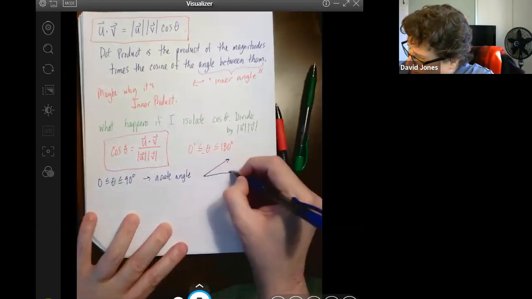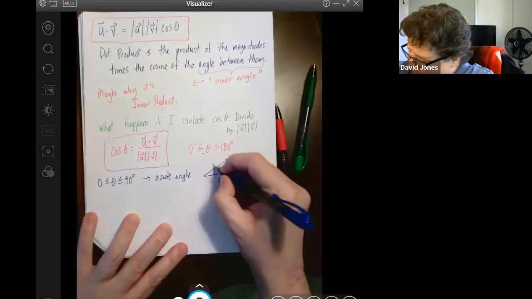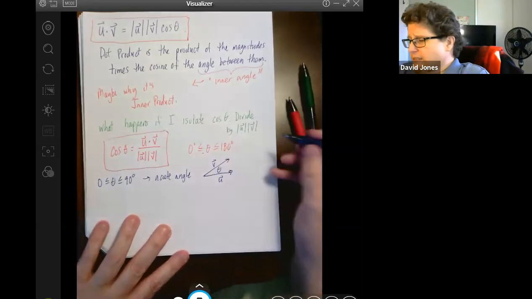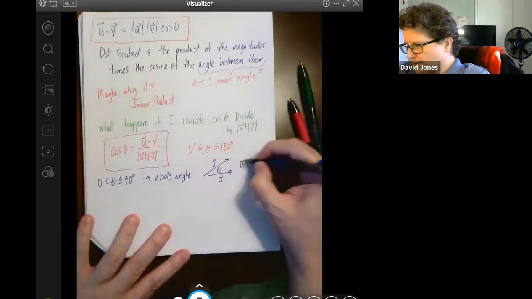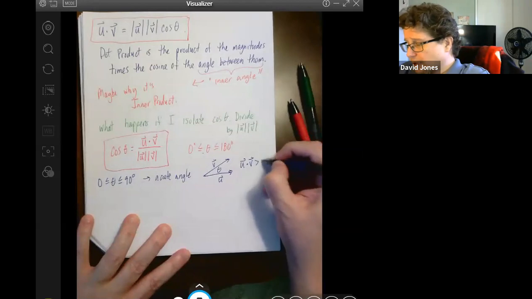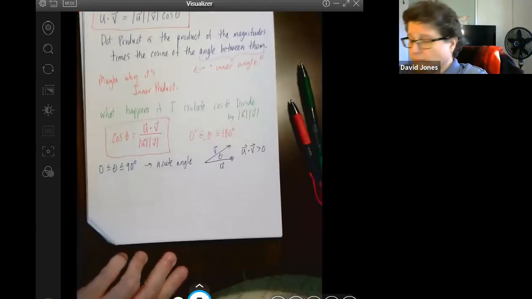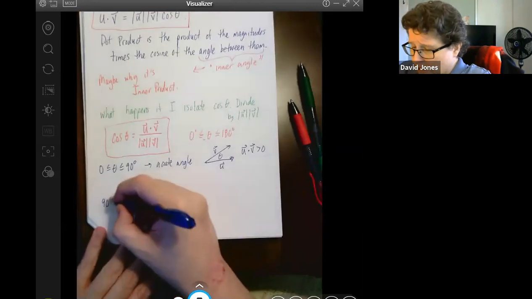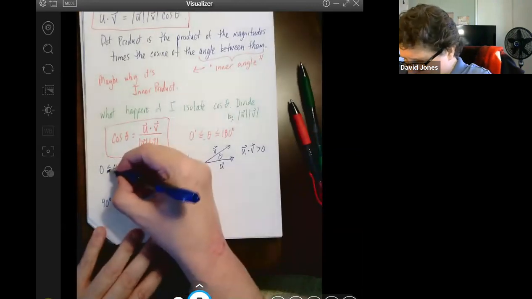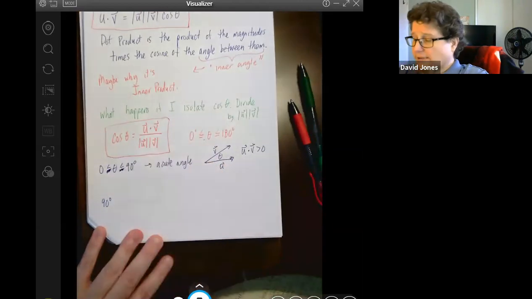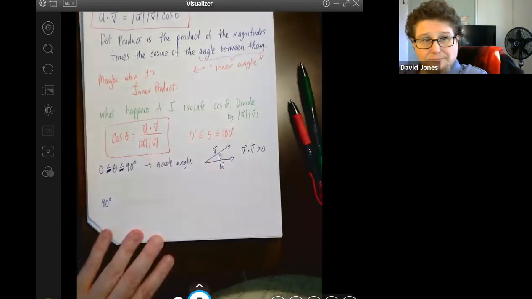And you'll end up finding that u dot v is greater than 0. It's positive.